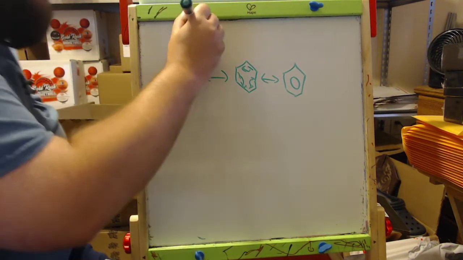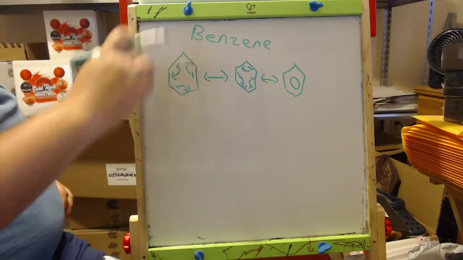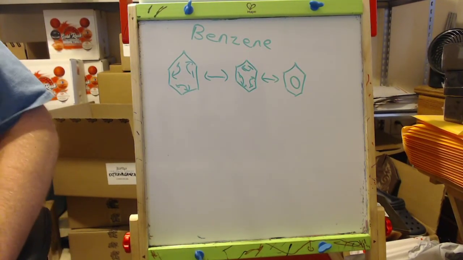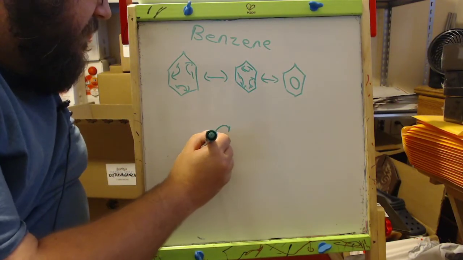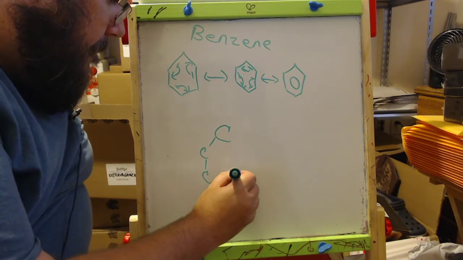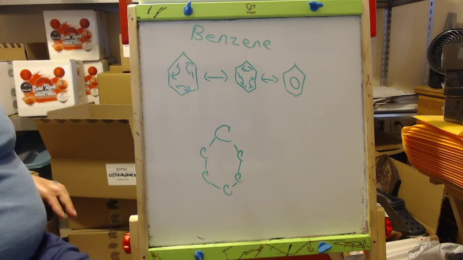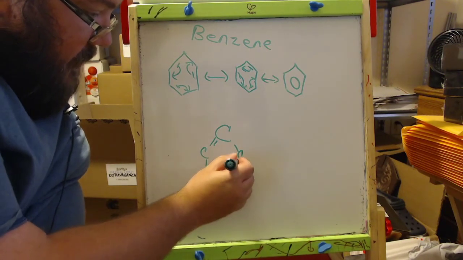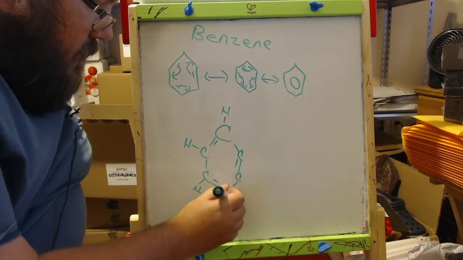Okay, so this is benzene. Conjugated system, alternating double bonds. Aromatic, alternating double bonds. If we want to draw it out, the full skeletal, or I should say line way, it's going to look like that, with a double bond here, a double bond here, and a double bond here, and each one is bonded to a hydrogen.